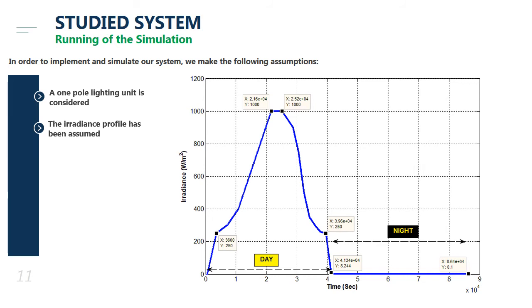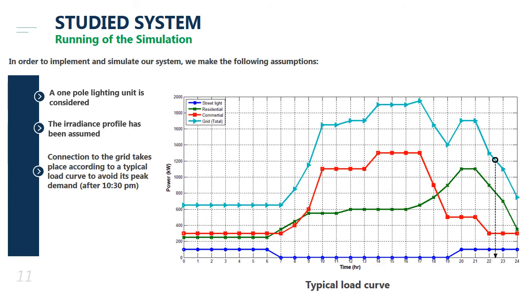Also, the connection to the utility grid will take place in accordance with a typical load curve as shown in this figure to avoid its peak demand. We suppose that the peak of demand occurs after 10:30 p.m. and just for a short period, enough to charge the batteries.